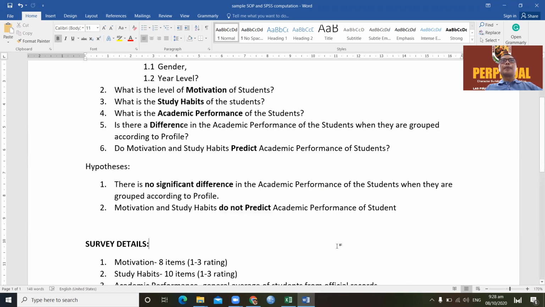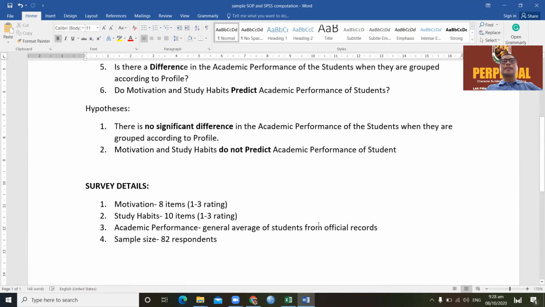Say for example, in your questionnaire, since this would become a survey, in your measurement for motivation you only have 8 items or questions. Each item will be rated by the students from 1 to 3.